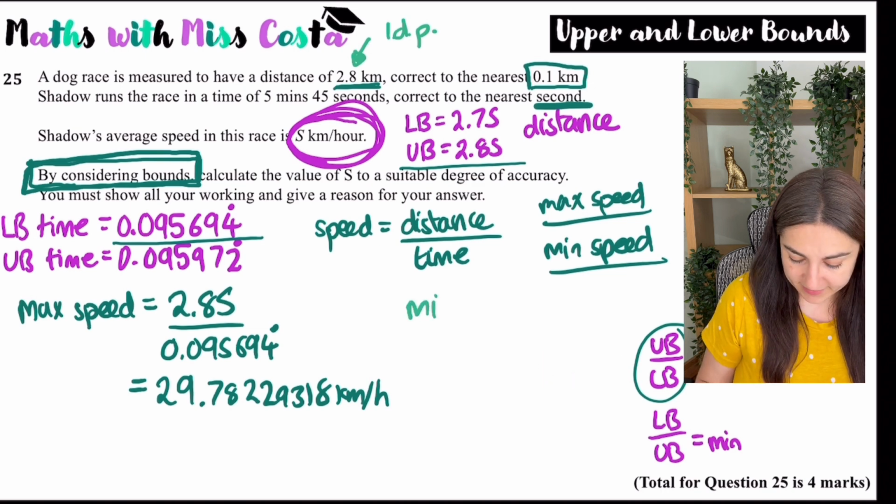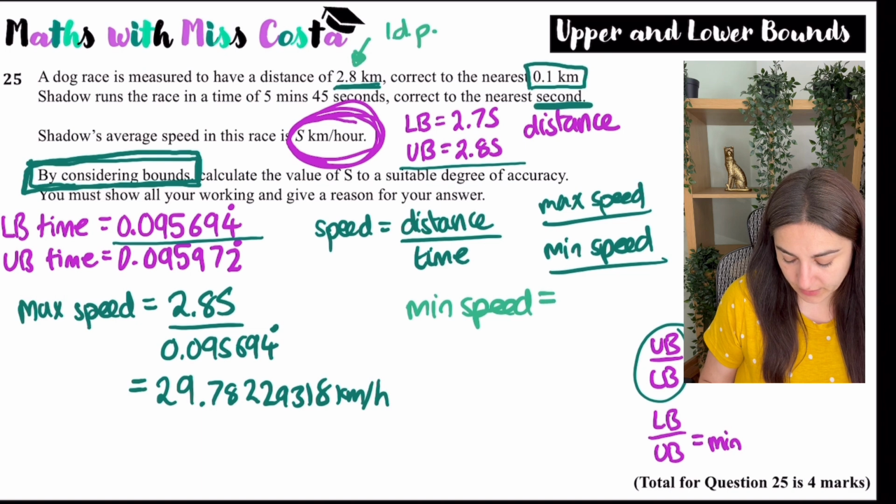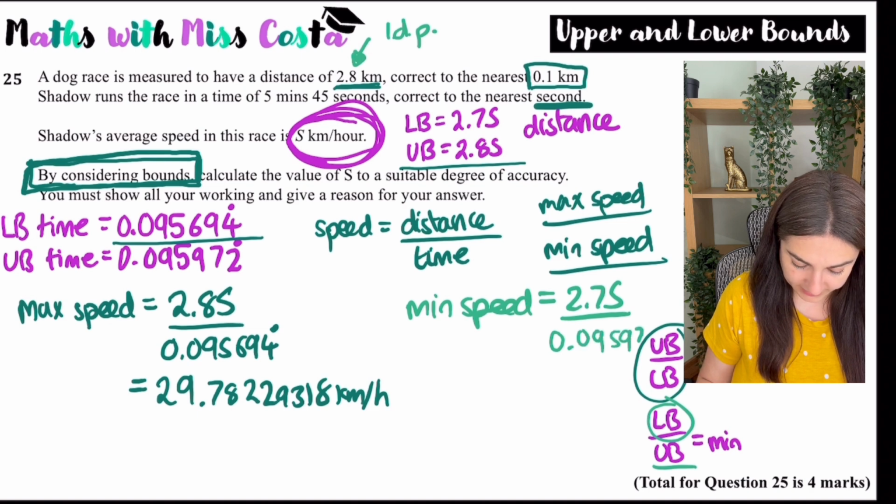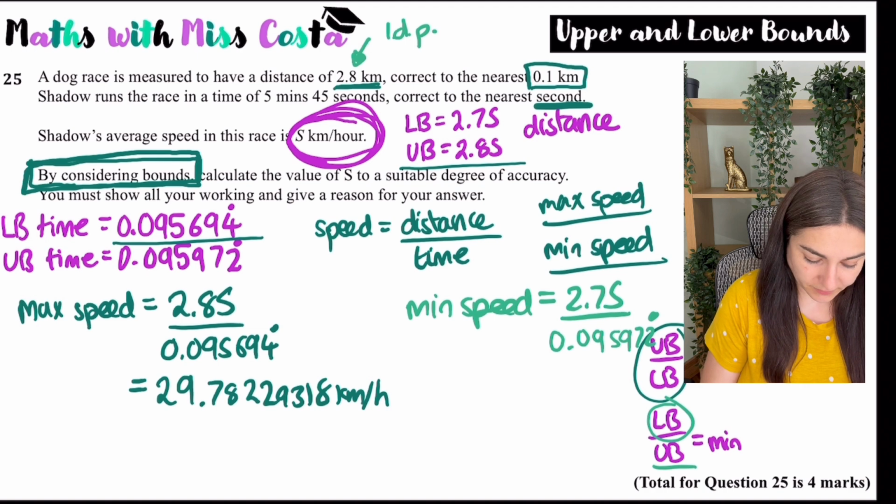So the min speed: I'd need the lower bound of distance, so that would be 2.75 divided by the upper bound of time, which is 0.095972 recurring.